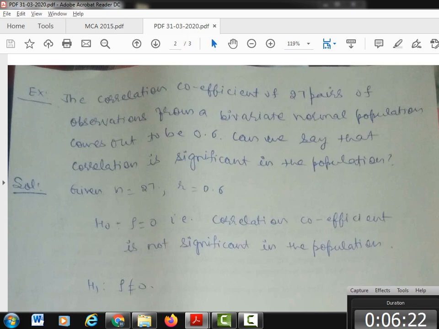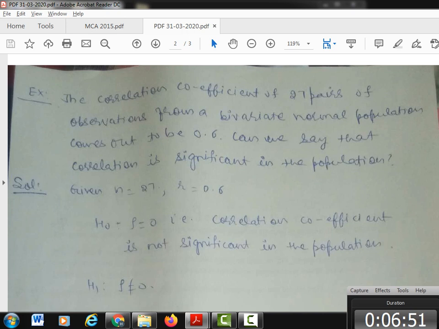As I discussed in my previous lecture, in this case H0: rho is equal to 0, that is, the population correlation coefficient is 0, meaning there is no relationship between the variables used in the population. Or you can read it as the correlation coefficient is not significant in the population.